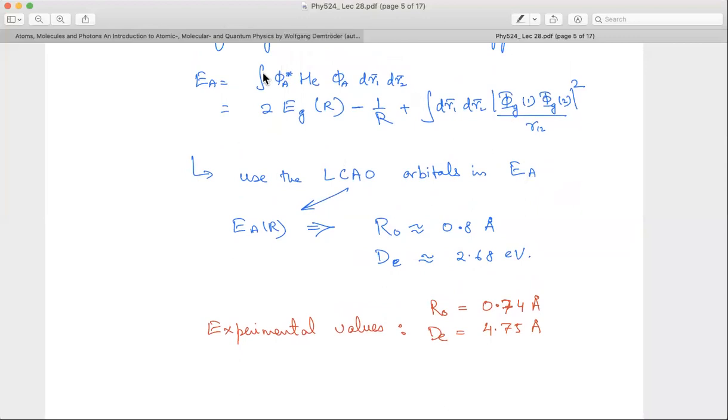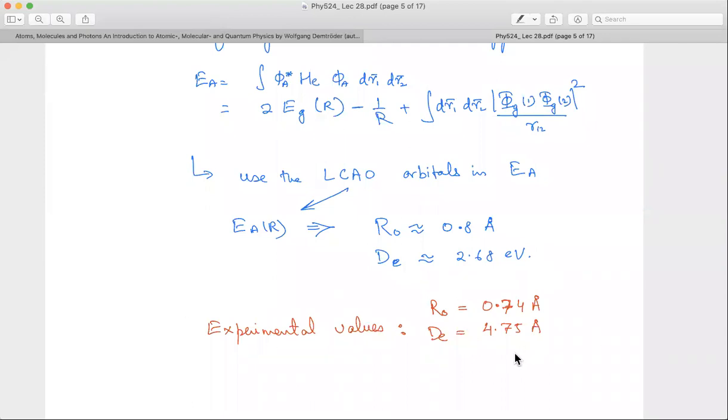And if I calculate all four combinations, I'll find that the antisymmetric wave function, the ψg1 ψg2 spatial part, has the lowest energy, and this energy is given by this. And if I use this, then I find that this dissociation energy and R0 is given by this.